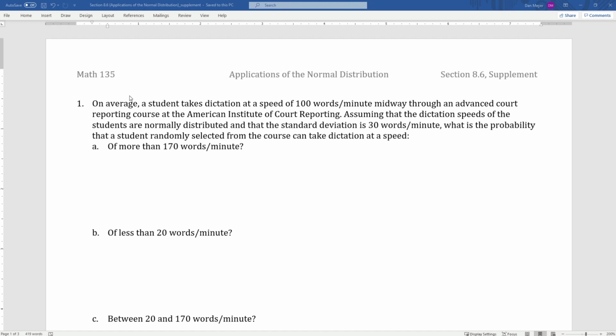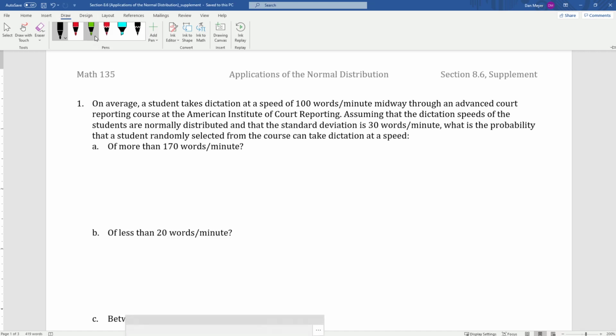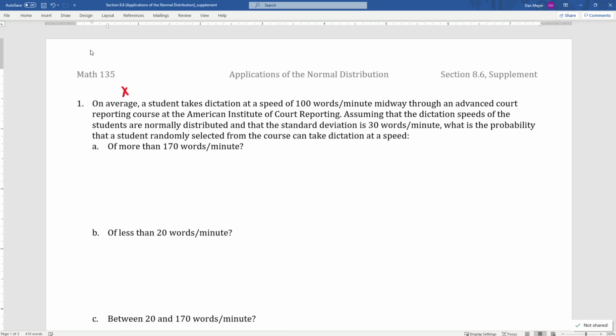So in this problem in 1, we're talking about a normal random variable X. X would be the dictation speed, measured in words per minute, and it's a normal random variable with a mean of 100 words per minute and a standard deviation of 30.